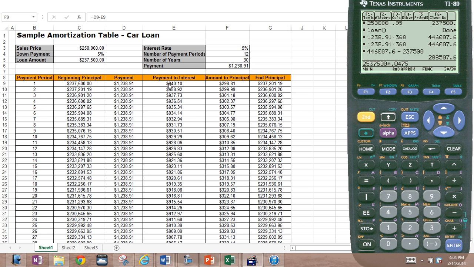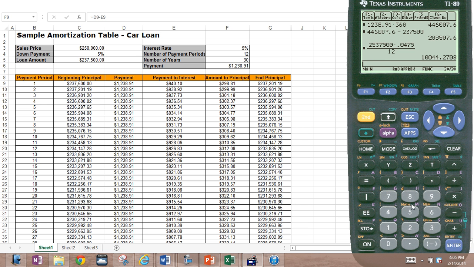To find the interest payment, we take our beginning principal value and multiply it by our rate, but we're only doing that for one month, so we divide by 12. That gives us the interest we need to pay that month.